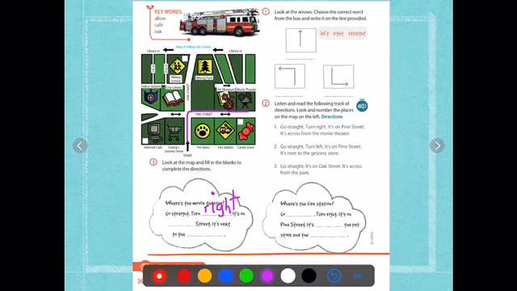It's on, what's the name of the street? Pine Street. Okay, it's on Pine Street. Now it says it's next to the... Very good. It's next to the art museum. All right, are you guys ready to do the next one?